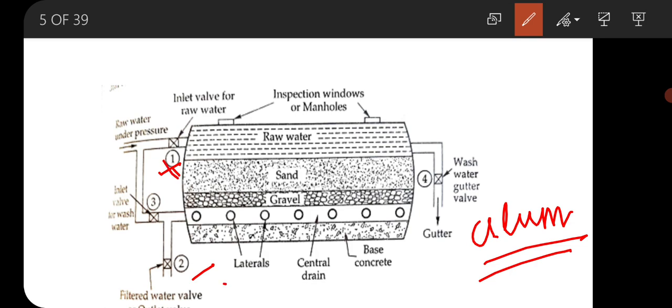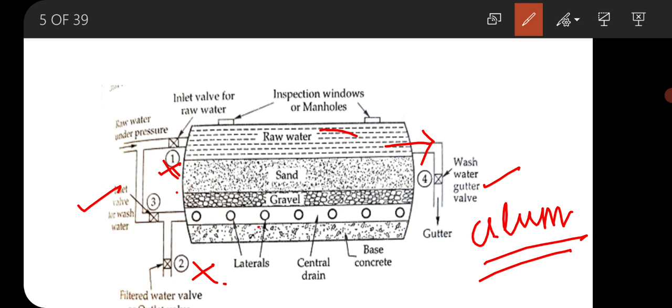And the wash water valve 3, so this is the valve 3, this is the inlet valve for wash water, and the wash water gutter valve, that is 4, are opened. So here through the valve 3, the wash water will enter the pressure filter and then it will come out through the valve 4, that is wash water gutter valve.